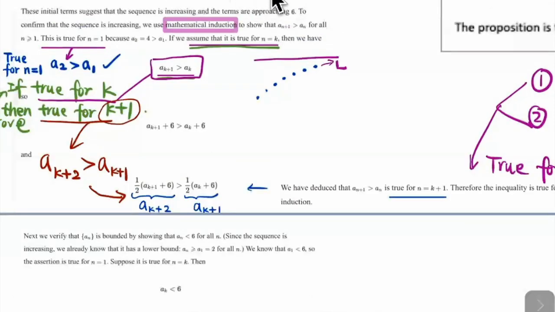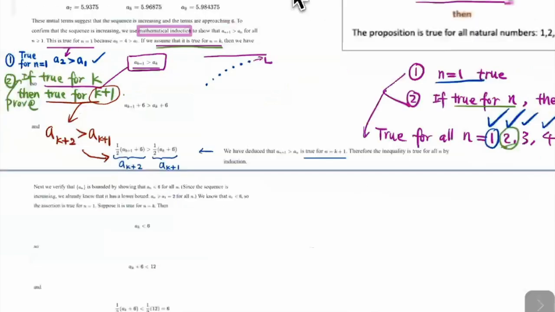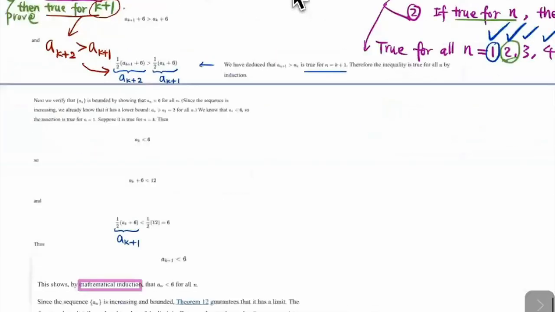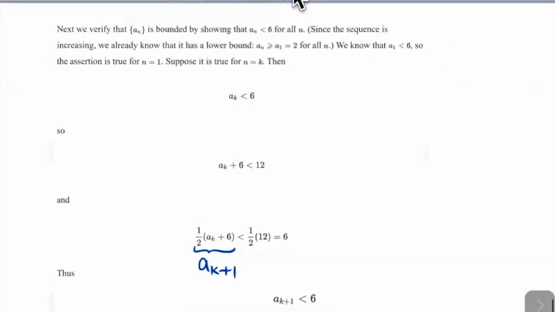You see that all of them are not over 6. Can we use induction again? Right? So if you use induction again, number 1, is a1 less than 6? Yes, it's true.